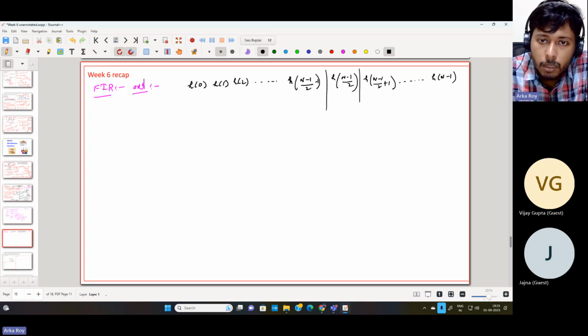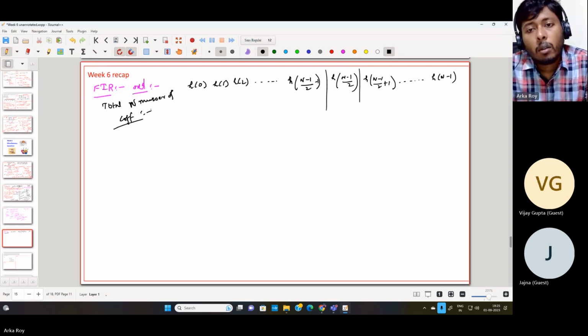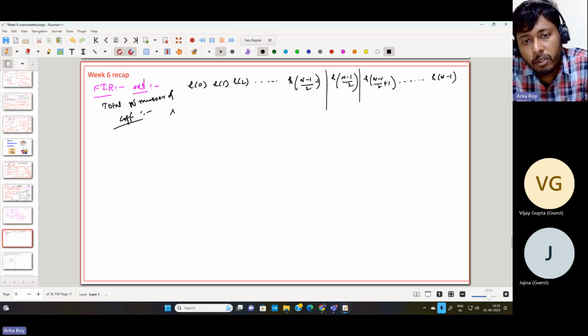So h of N minus 1 means that we have a total of N coefficients. So we use the symmetricity property.